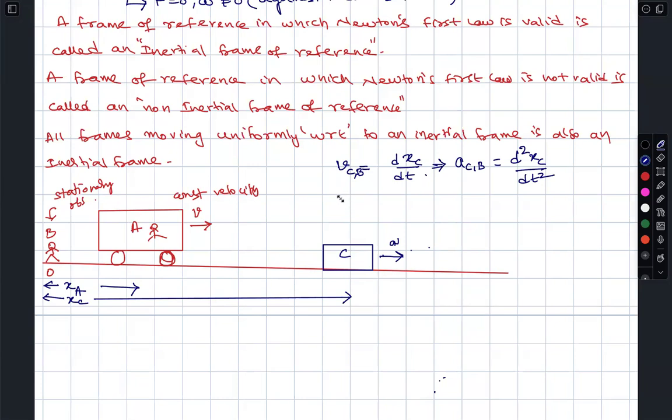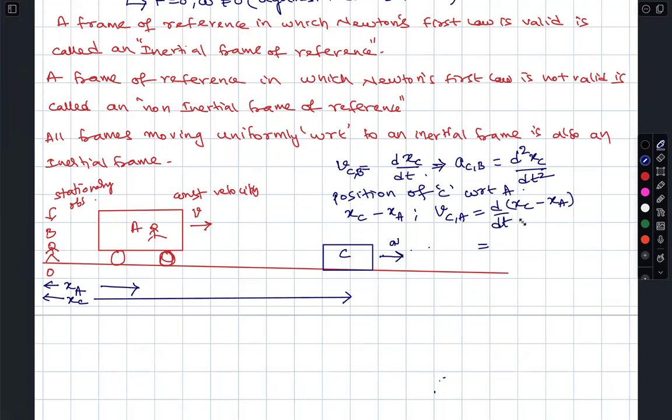Similarly, the position of C with respect to A is nothing but xc minus xa. Right. Now with this, velocity of C with respect to A is nothing but d by dt of xc minus xa.